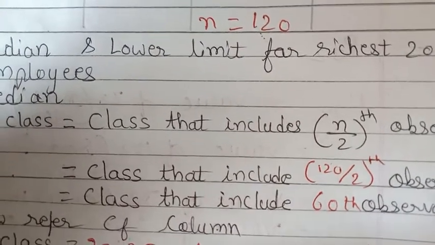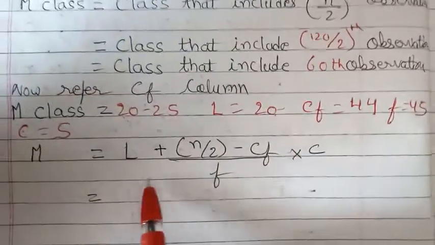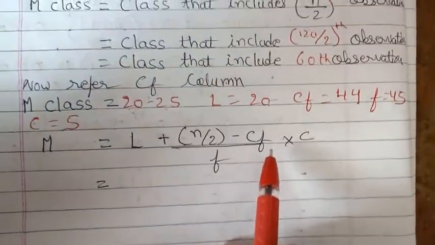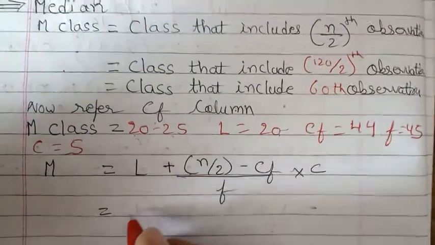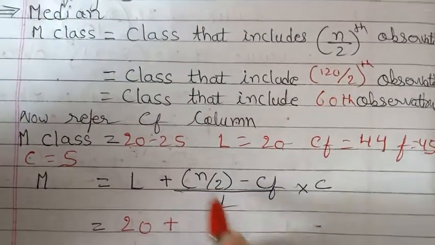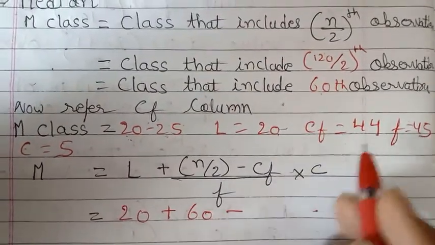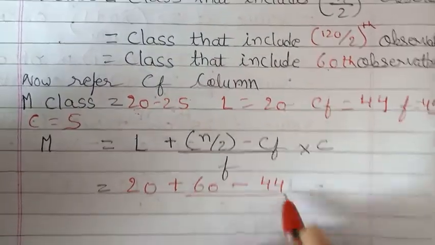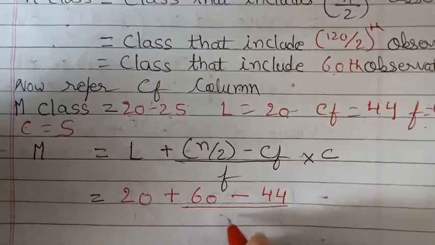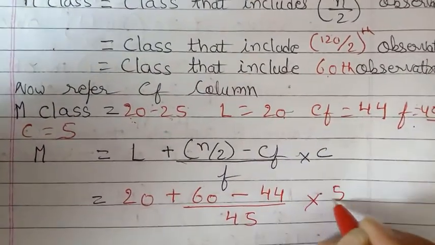Class length you can see it is 5. Now we'll put it in the formula. M is equal to L plus N by 2 minus CF upon F into C. L is 20, that is lower boundary point, plus N by 2 we found just now, that is 60, minus CF 44 upon F, that is 45, into C, class length 5.